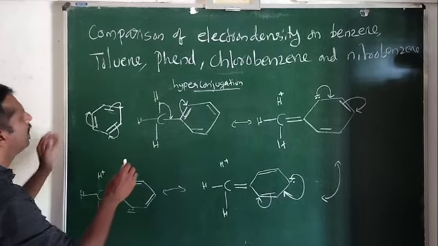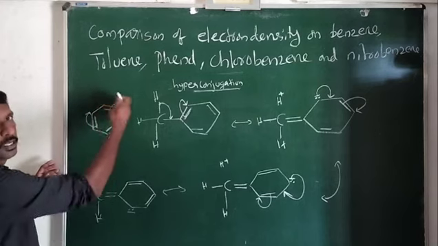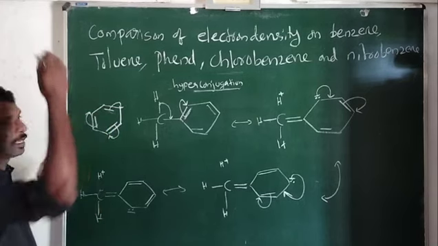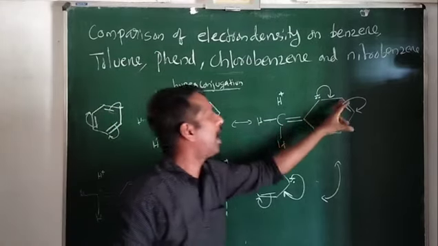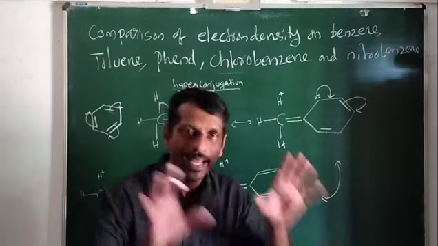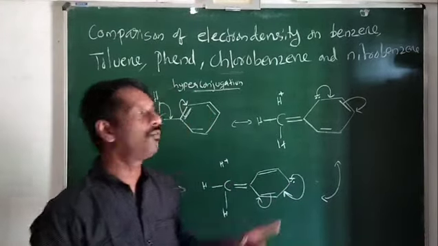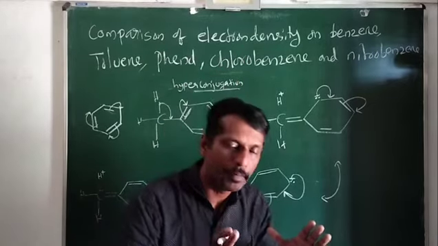That means there is an equal amount of electron density in all the positions in a benzene ring. But in the case of toluene, ortho and para positions will have more electron density than the meta position, because of the plus I effect and hyperconjugation interaction of the methyl group.